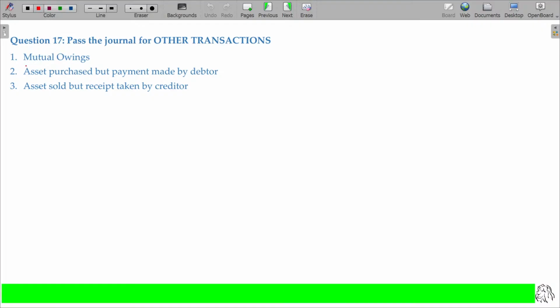Mutual owings. How can we pass the entry? What does it mean? We are going to account for SSA.